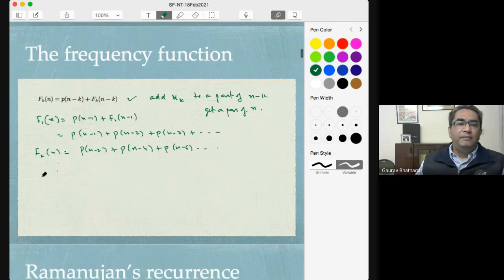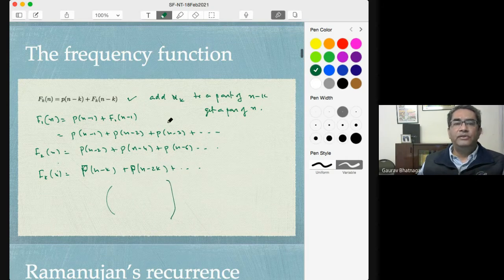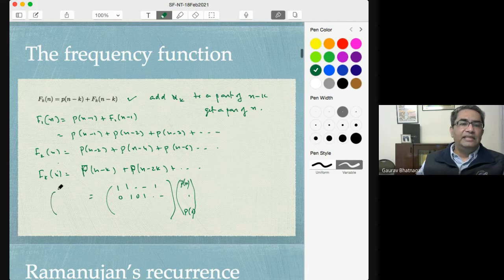So Fkn will be Pn minus k plus Pn minus 2k plus so on. So it's clear, we get this matrix equation. On the right hand side, you'll get 1 ones, and then 0 1 0 1, and so on. And here you are getting P0 up till Pn. And on the left hand side, you're getting F1n, F2n, and so on, Fn.